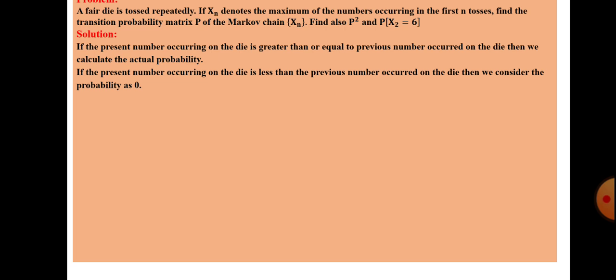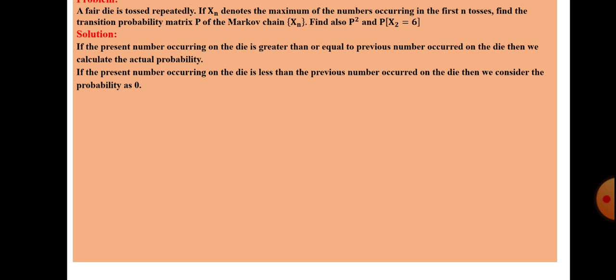Suppose in the previous roll you got 5 and in the present roll you get 6, then the actual probability is 1/6, correct? It is greater when comparing. So we have to calculate all the chances less than or equal to that number.